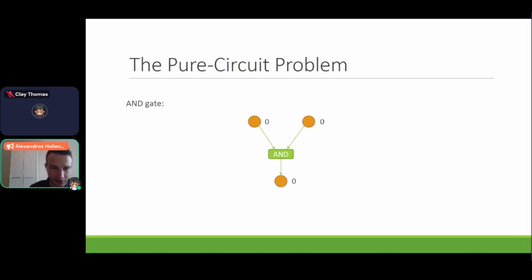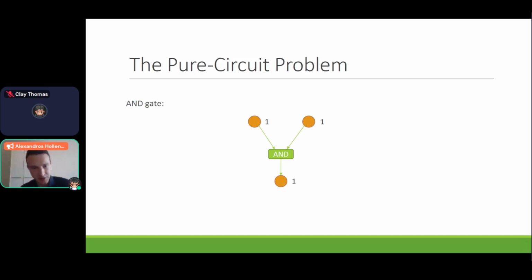So the AND gate will require that in that case, the output should be 0. Okay, what if the inputs are 0 and 1? Well, the AND of 0 and 1 is still 0. So the AND gate is again going to require that the output be 0. And finally, what if the inputs are 1 and 1? Well, now the AND of 1 and 1 is 1. So the AND gate is going to require you to output 1.